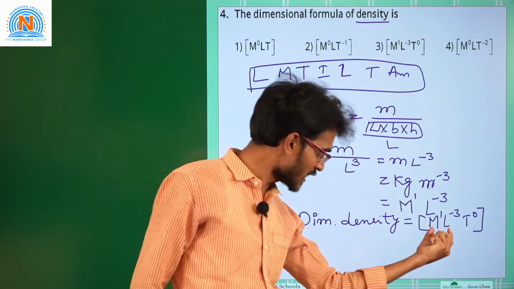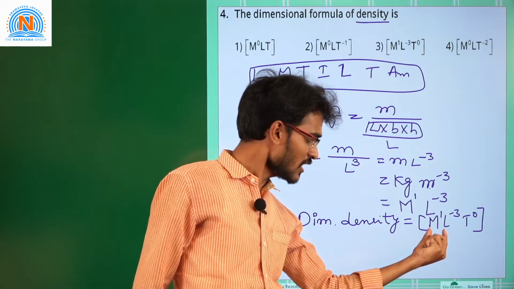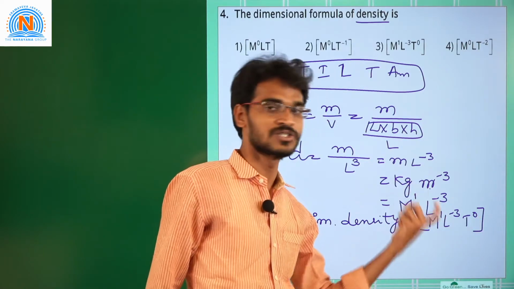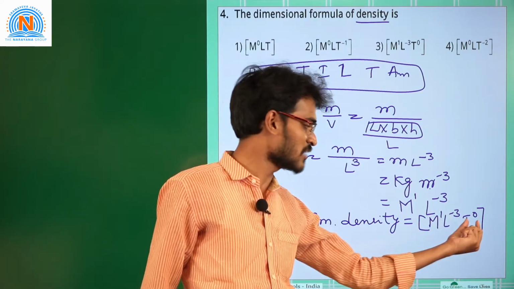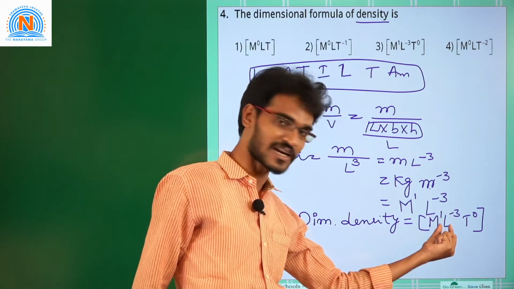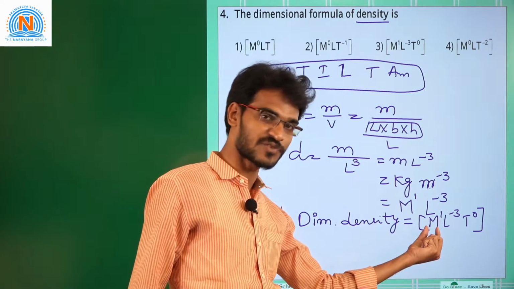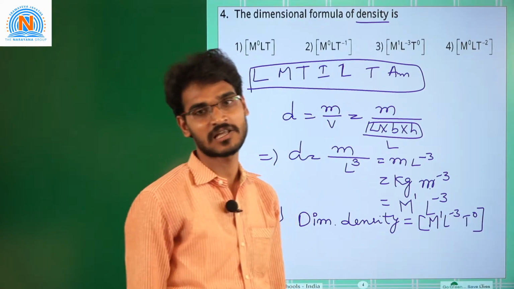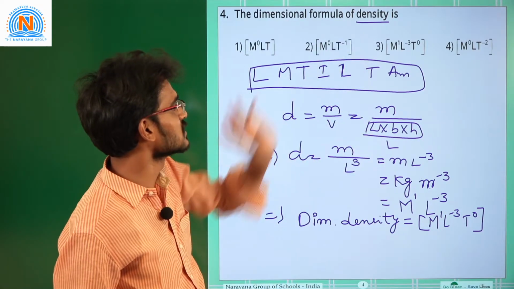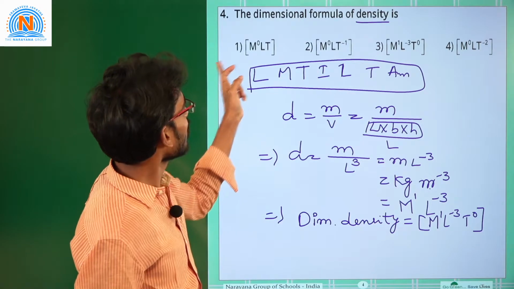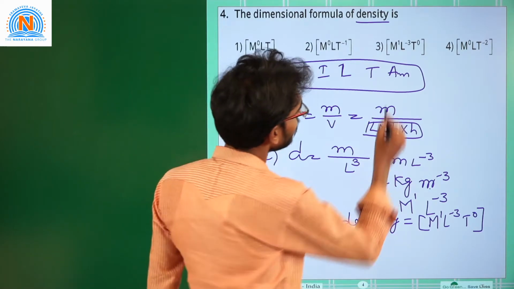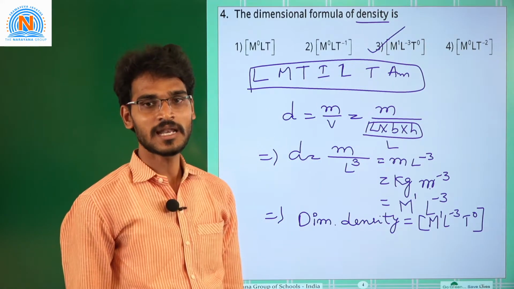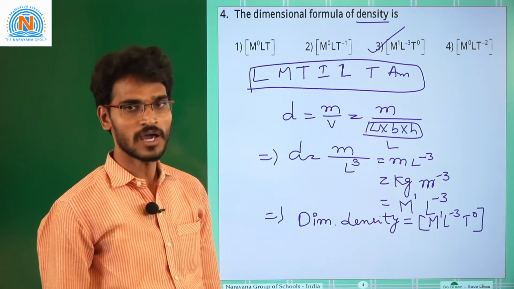Since it is not there in time, we write power 0. That means the dimension of time is 0, the dimension of length is -3, the dimension of mass is 1. These powers decide the dimensions of density. Now identify the options. The third option is the correct one, that is in square brackets M power 1, L power -3, T power 0.